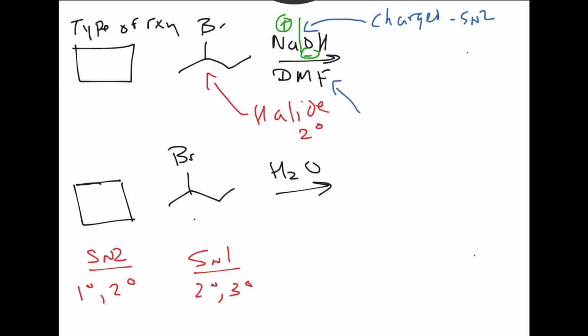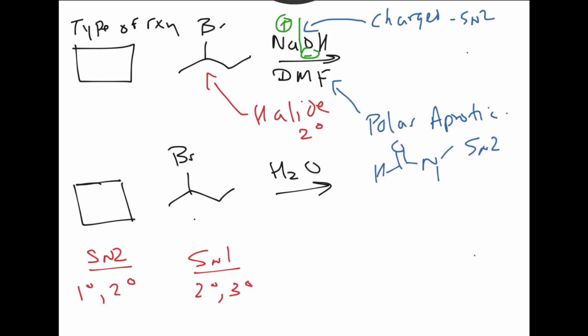DMF is polar aprotic. DMF looks like this. There's no OH and no NH that can do a hydrogen bond. Polar aprotic solvents promote Sn2 reactions.